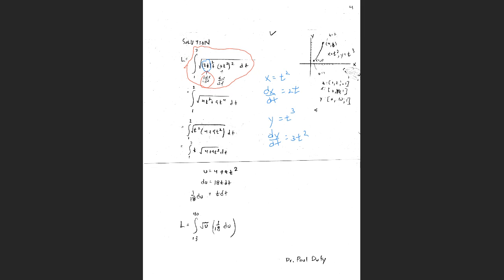And there's the 3t squared right there. And then we're squaring both the 2t and the 3t squared. So you end up getting an integral from 1 to 2 of the square root of 4t squared plus 9t to the 4th. Please let me know if you have any questions up to this integral here.